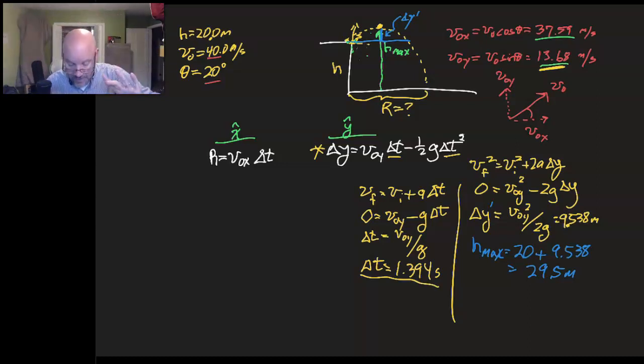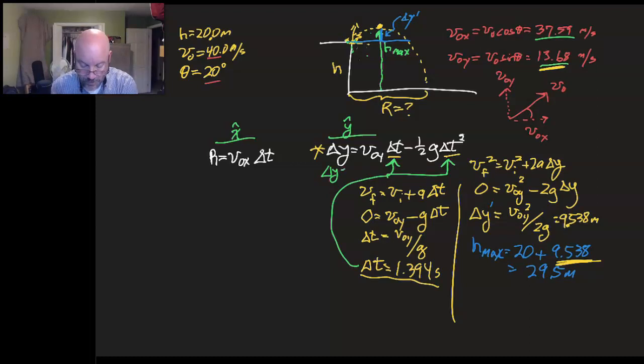Now, that doesn't tell us directly the height change like we had over here with Bumblebee. What we would have to do is take this delta T and plug it in here. And that's going to end up giving us delta Y prime. You can run the numbers, and you should for practice. You're going to get the same value, 9.538.